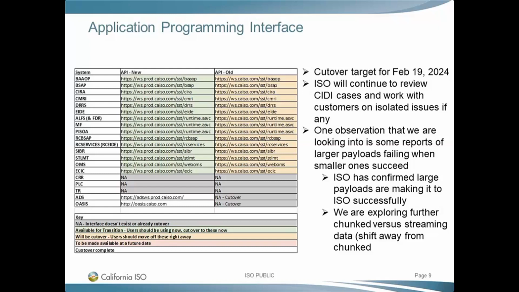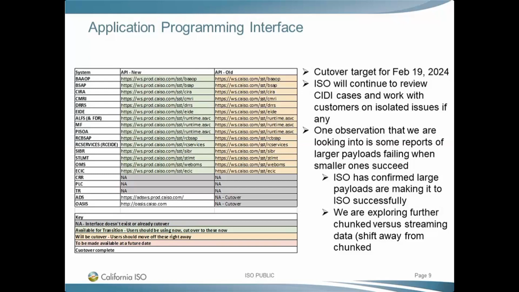There is one item that I wanted to bring to folks' attention that we've gotten questions about, or maybe just for transparency and awareness. One observation that we are reviewing and investigating is some customer reports of larger payloads failing when smaller ones are succeeding.